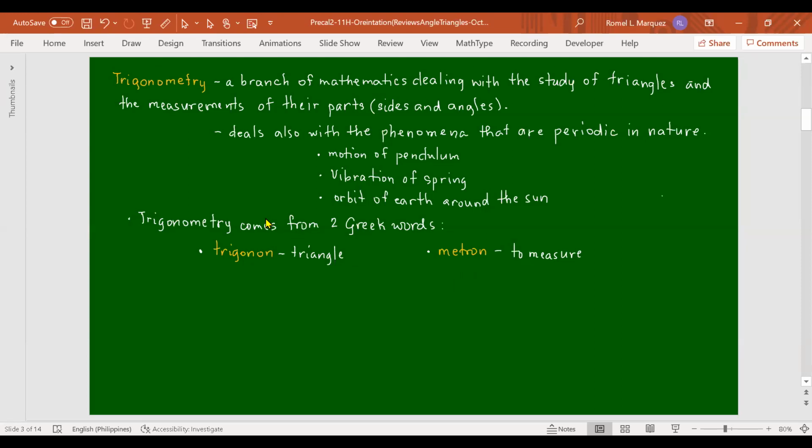So possibly there are books that use metria instead of metron, and if they mean metria, it means measurement. So this one is a measure, while this one is measurement. Okay.